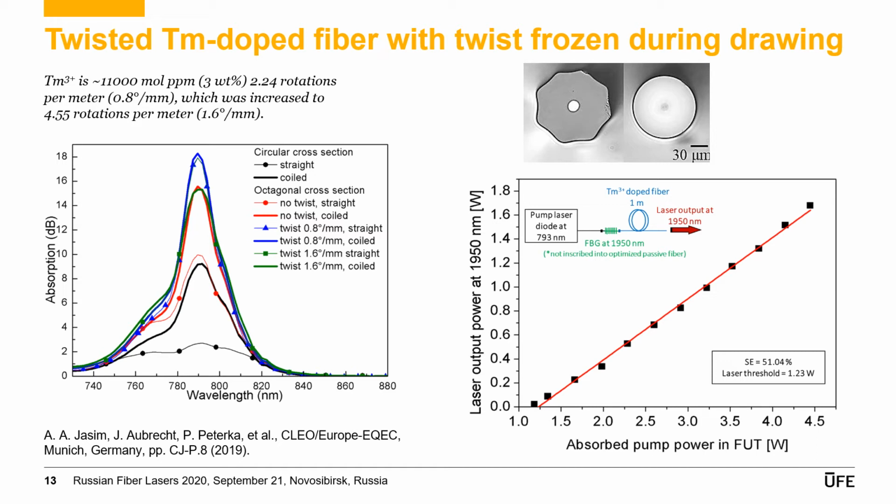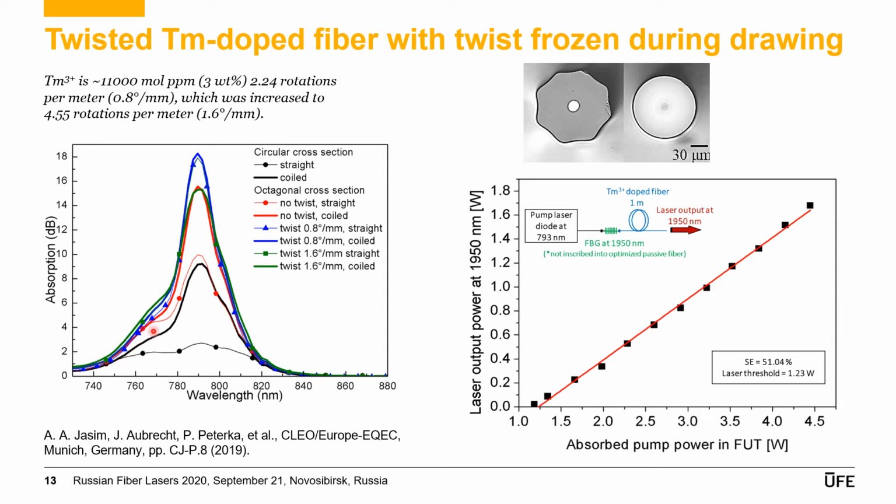Look here in the absorption curve. This narrow red curve with red dots is the absorption of coiled fiber with no twist, and we got about 10 dB absorption of about 1.5 meter long fiber.